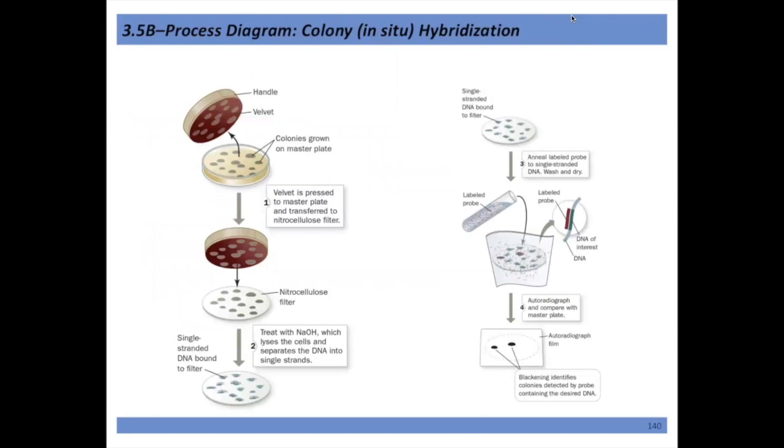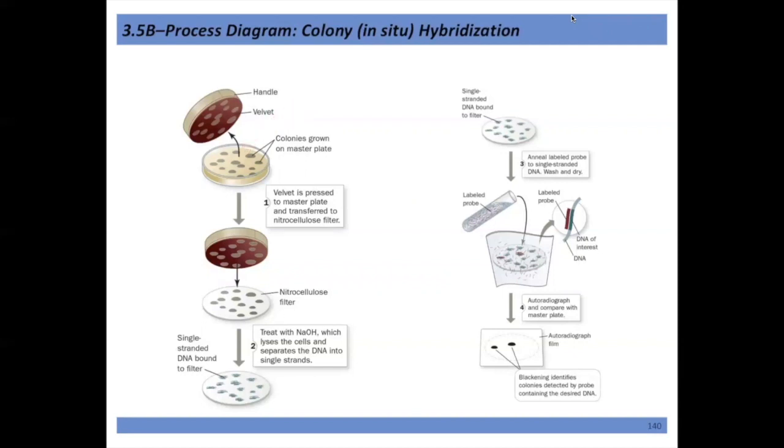Okay, so here is a way to actually transfect and make a copy of a library of DNA. What you do is you grow up some DNA that you have hopefully inserted a desired sequence into.